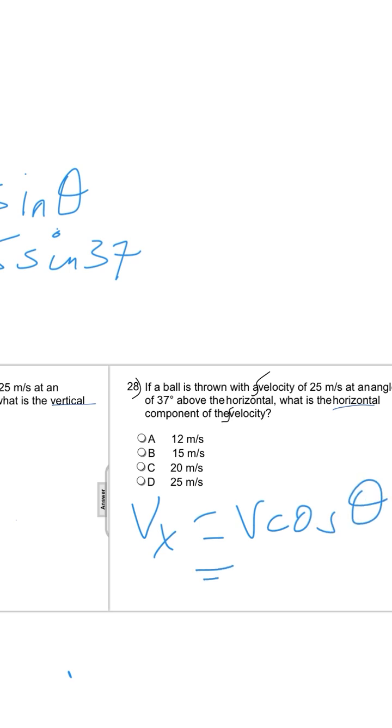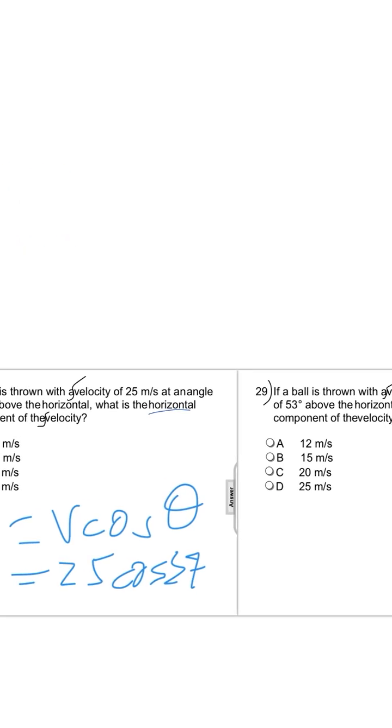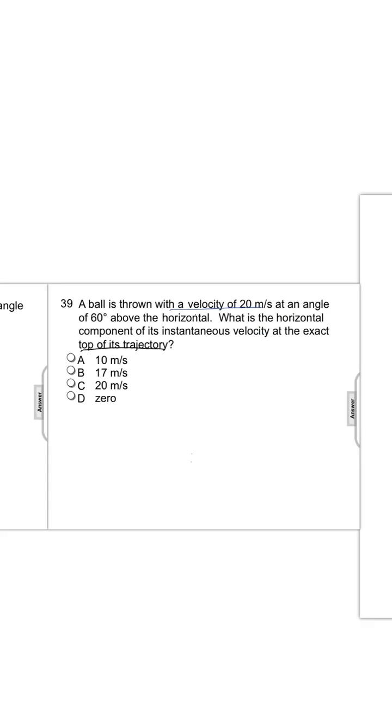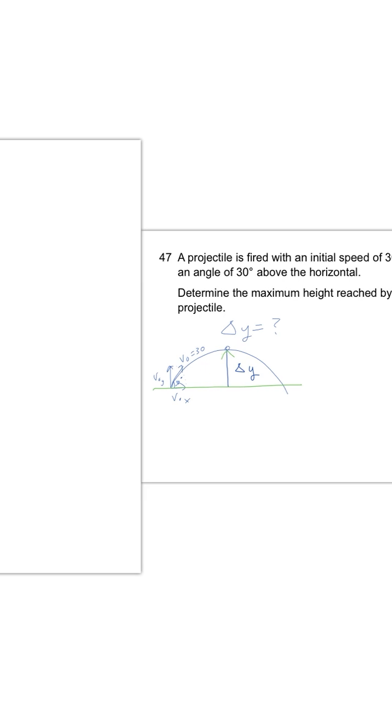So that would be, in this case, 25 times cosine of 37. I'll let you solve that. Be sure you're on degrees. Okay, so these are just practice ones for parts of problems.